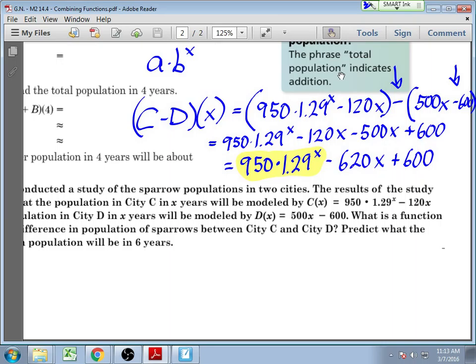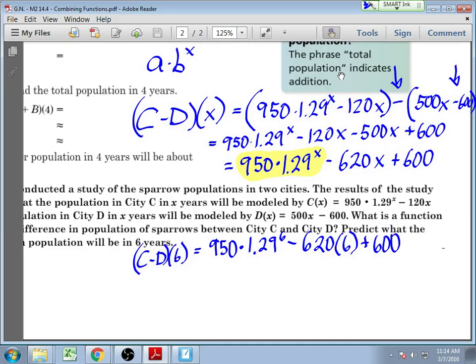So then plug in and evaluate for 6 years. So C minus D at 6 years. Now we can use a calculator. You can try to not use it, but it might be a little difficult.